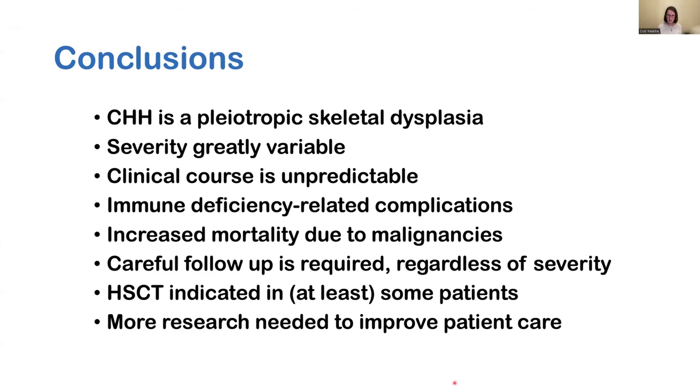So the patients, regardless of severity and the phenotypic presentation, need careful follow-up. These transplantations are indicated in at least some patients, but of course more research is needed to improve patient care and define the criteria for hematopoietic stem cell transplantations.